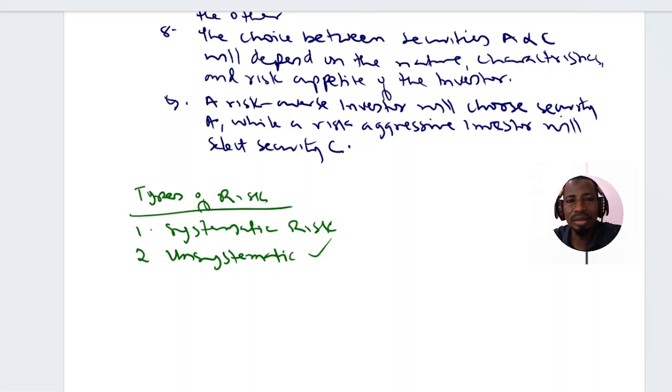So that's a loss to the company because the company has spent money to produce the phones. Now they have to recall them from the market. So that's a huge loss. This same loss does not affect other companies in the industry like Apple, because it was specific to Samsung. So these are some of the examples of unsystematic risk.